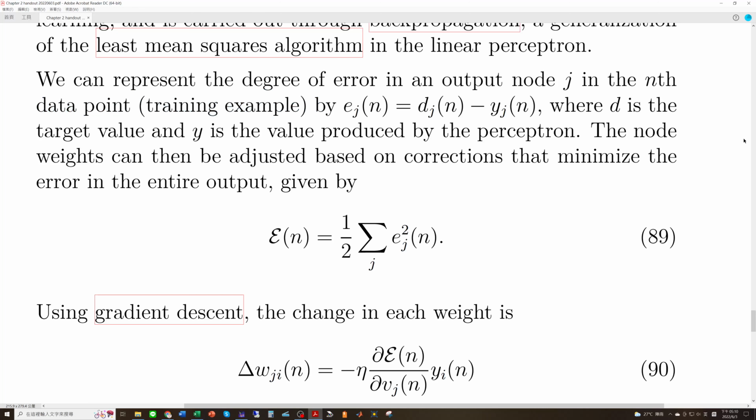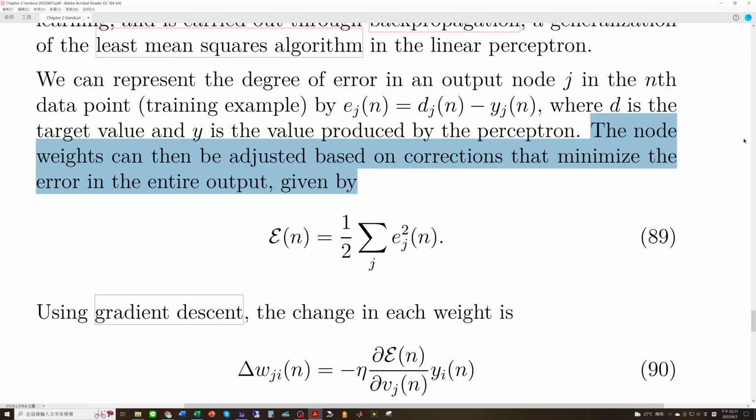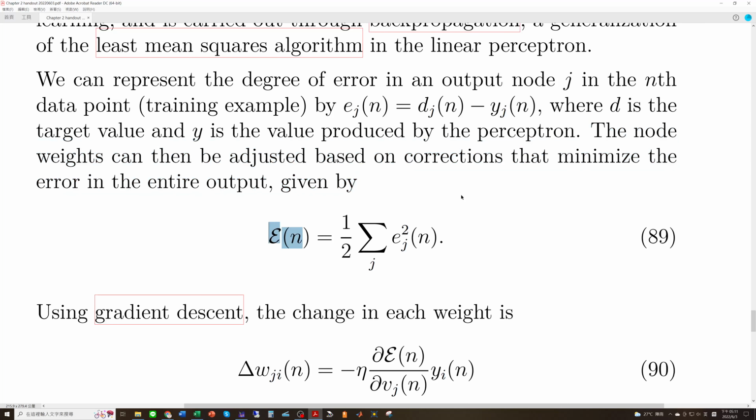So the node weights can then be adjusted based on corrections that minimize the error in the entire output, given by this equation: E(n) = 1/2 times the summation over j of Ej squared(n), using gradient descent.